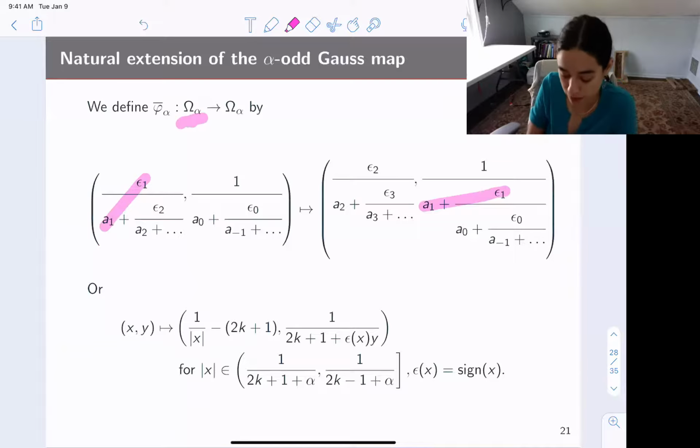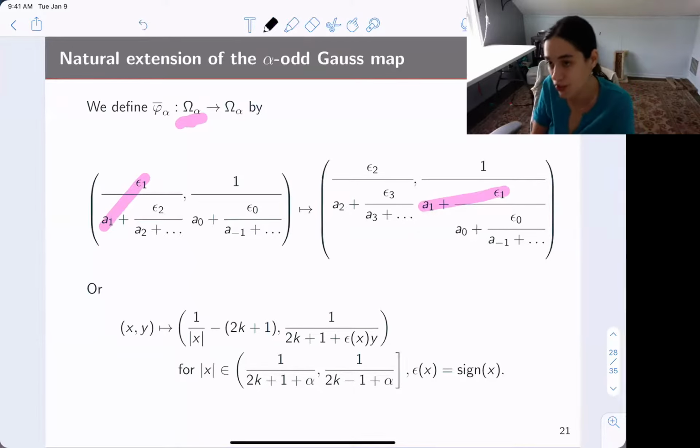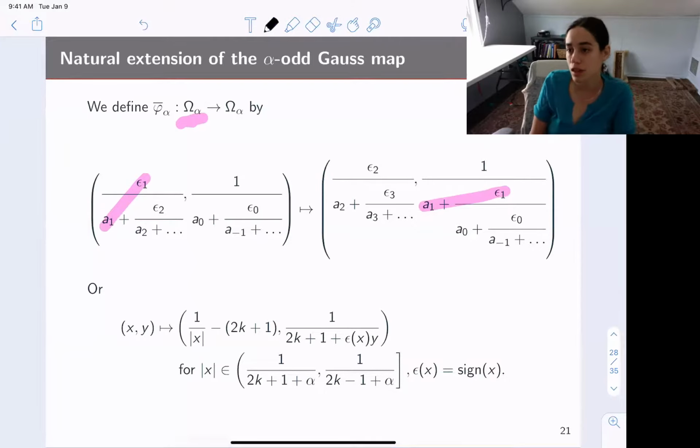And this is one way to see the dual. So if we have a restriction on epsilon 1 over a1, that will be translated into a restriction on y with this skew shift.